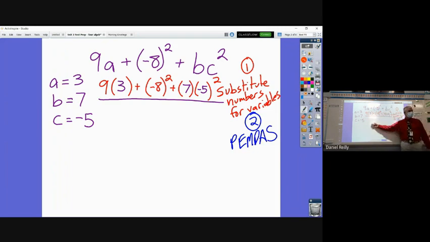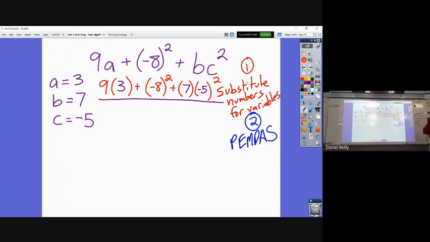If you want to do individual operations and put an equal sign, like 9 times 3 equals 27, do it off to the side. Do not do it here where I'm showing the work. What we do is underneath each step, you put the answer to the operation that you're doing.